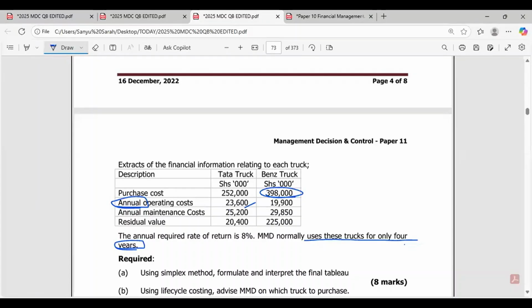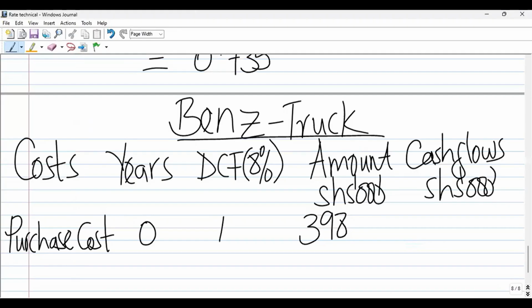Meaning that the cash flow is still 398,000. So that's why the purchase cost is not discounted. It only occurs once in year 0.